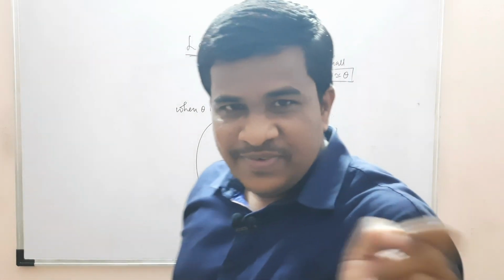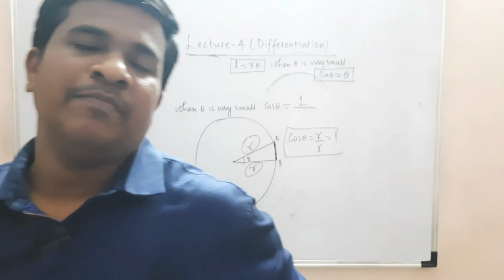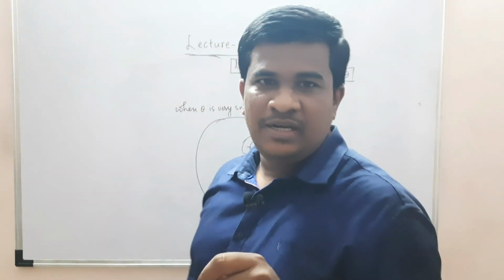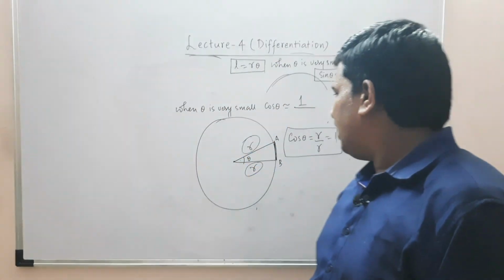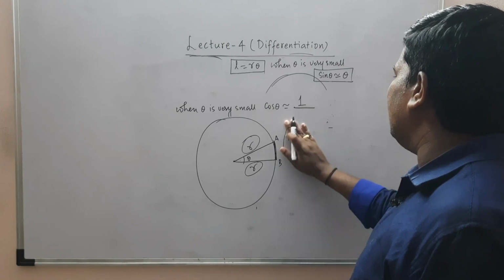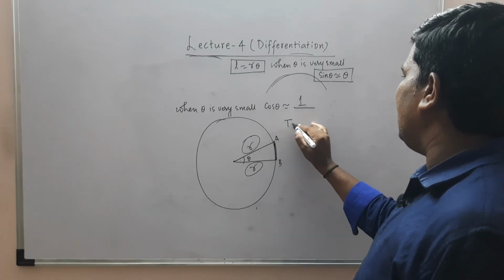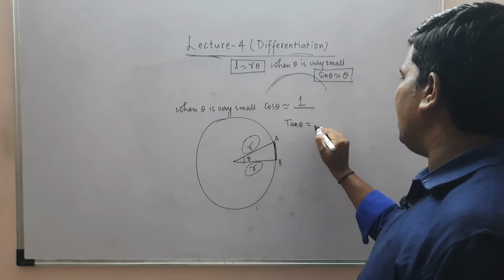So when theta is very small, cos theta is 1 and sin theta is theta. What do you say about tan theta?